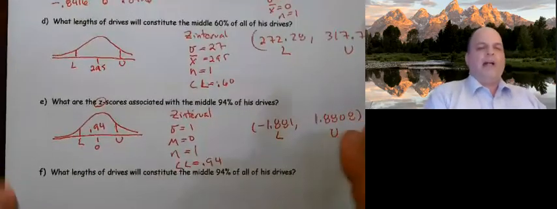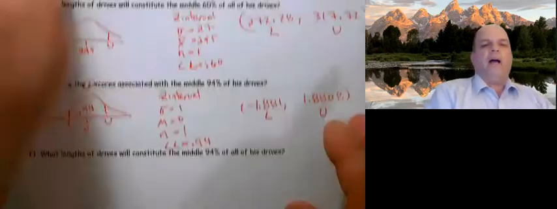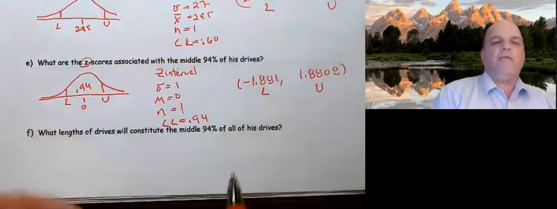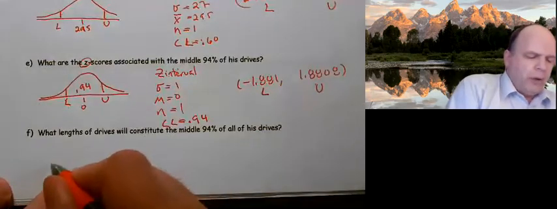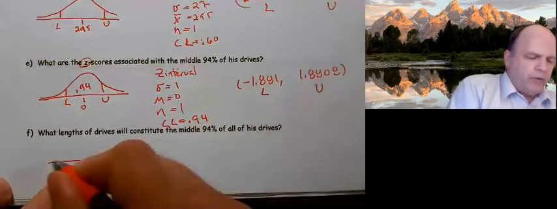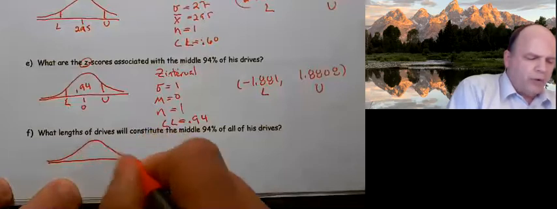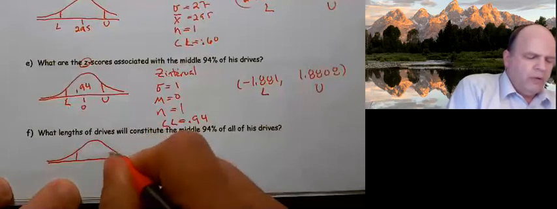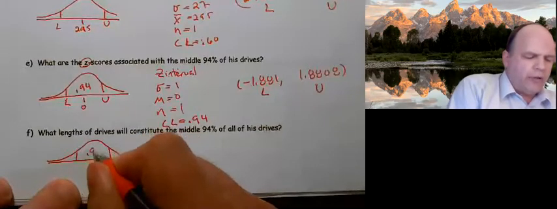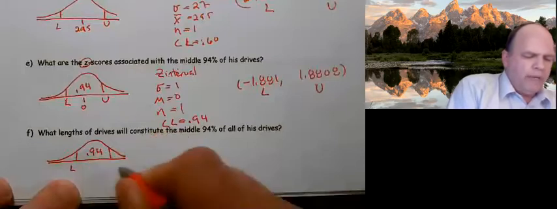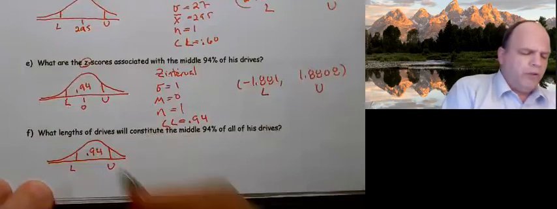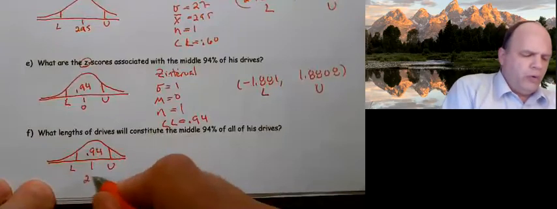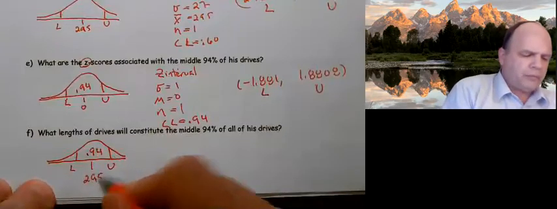Then the last one asks for what lengths of drives will constitute the middle 94% of his drives. So now we're looking for the middle 94% of his actual drives. So we're still working with like a confidence interval. We have a lower and upper, but instead of being centered on 0, we're going to be centered on 295.